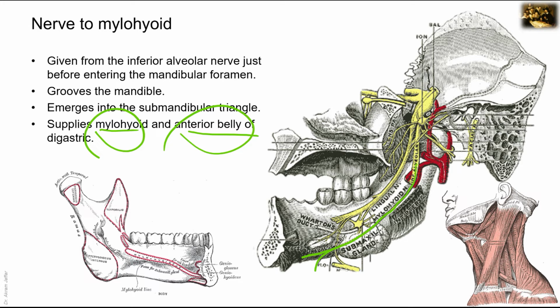Remember that the digastric muscle has two bellies: the anterior belly is supplied by the mandibular nerve, but the posterior belly of the digastric is supplied by the facial nerve, together with the accompanying stylohyoid muscle.